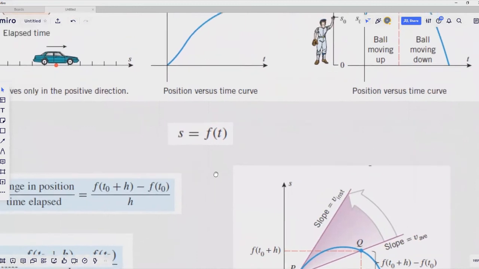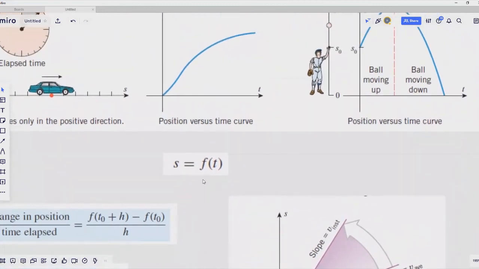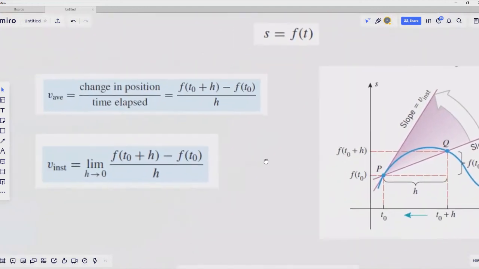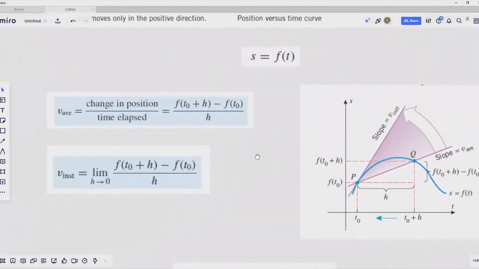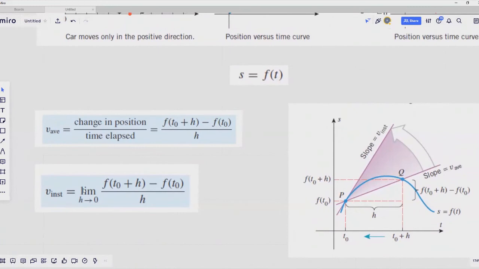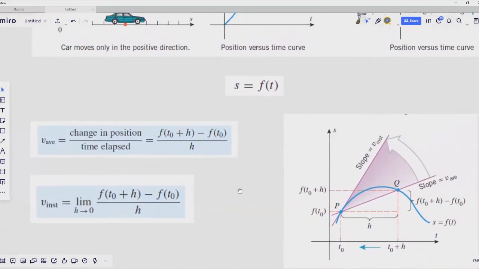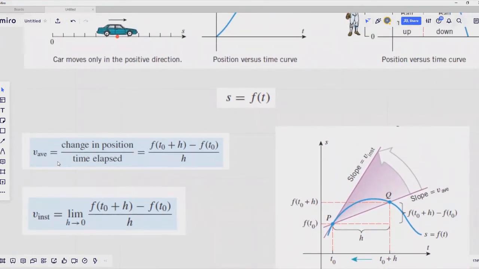All right, now if we define s as a function of t, then we can use the following equations for average velocity and instantaneous velocity. Average velocity is the change of position over the time lapse between two points.